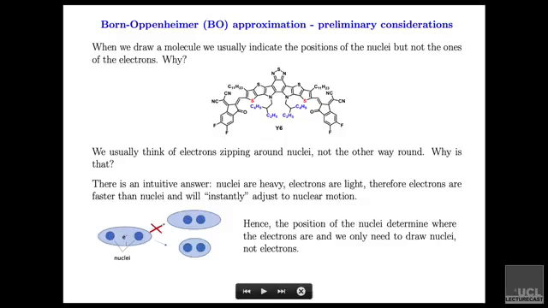As the nuclei change position, the electrons, since they are very light, will instantly adjust. As the two atoms come closer together, the electron cloud will also contract, and we will not see a picture where the electrons remain invariant to what the nuclei are doing.